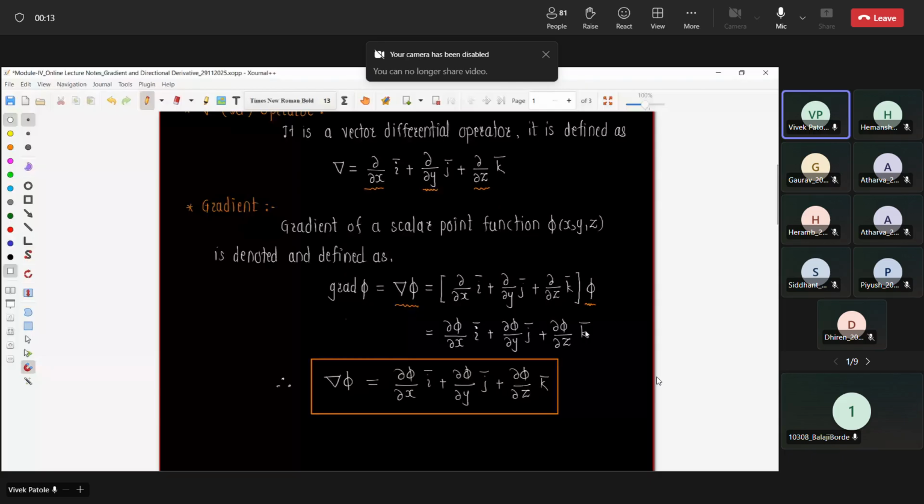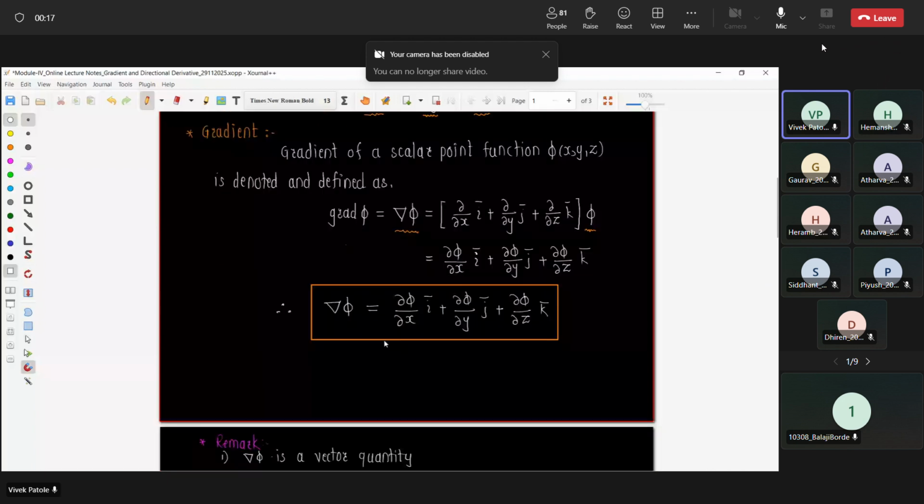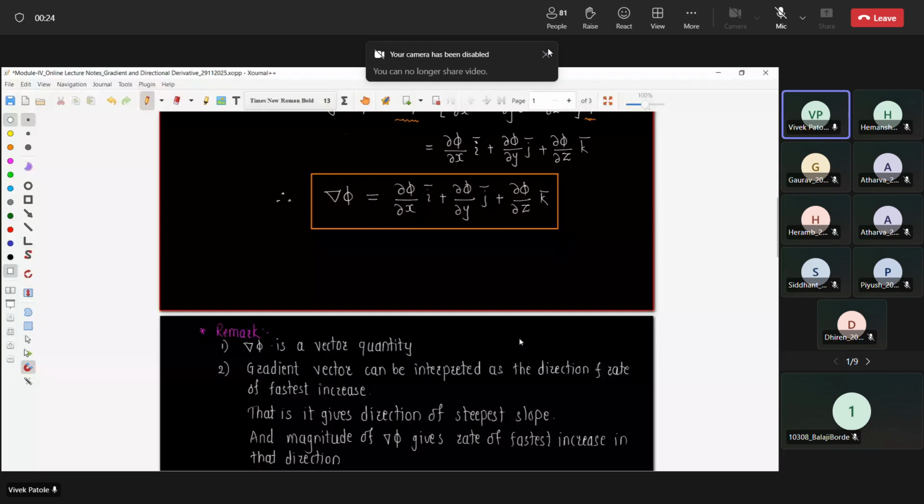Okay, so this is the gradient of the function: del phi is equal to ∂φ/∂x i bar. That formula we just got after operating the del operator. So what are the properties of this gradient phi?